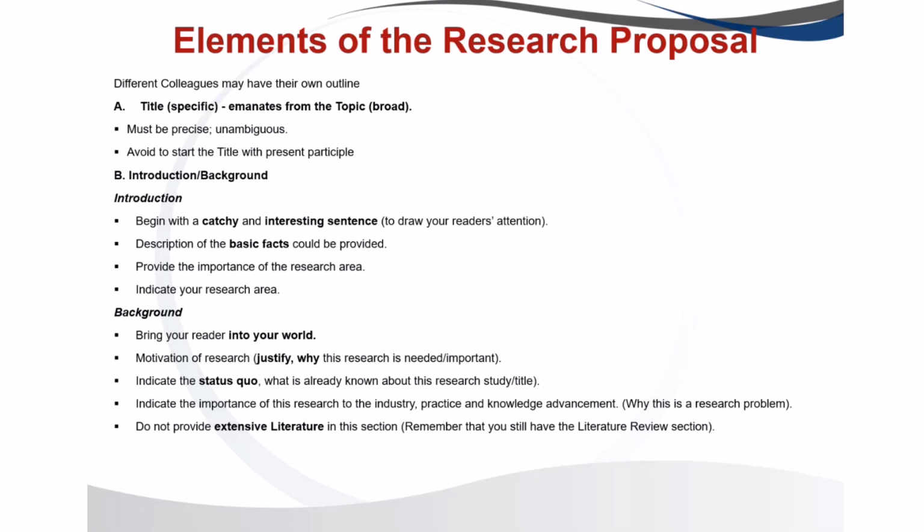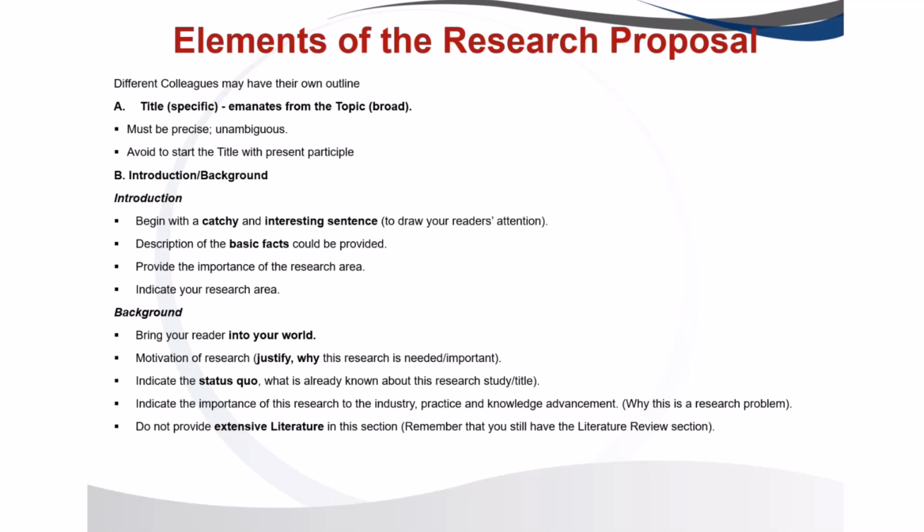Indicate the status quo, just what is happening currently in regards to the topic we are writing about. And also indicate the importance of the research, why this is a problem. It's very important.